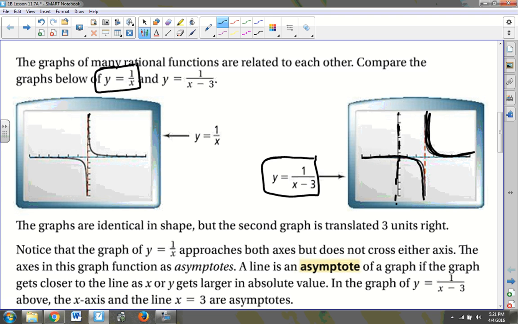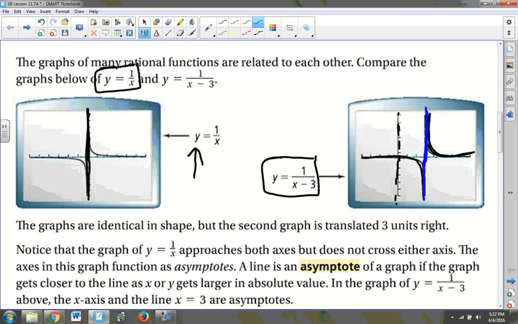It goes down and then comes back down again, similar to what the original function did on the y-axis. Now this function does it at the x value of 3. So x equals 3 is a vertical line that function is not allowed to cross.